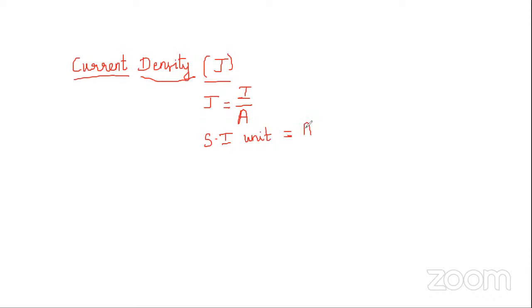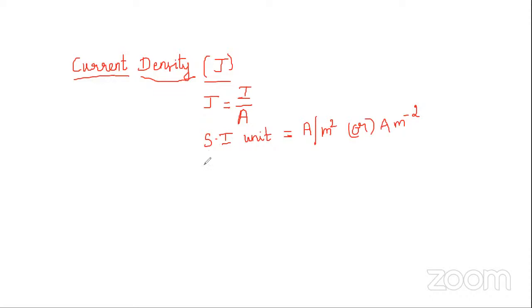So it is ampere per meter square, or it can also be represented as ampere meter inverse 2. So this is the SI unit of this current density.